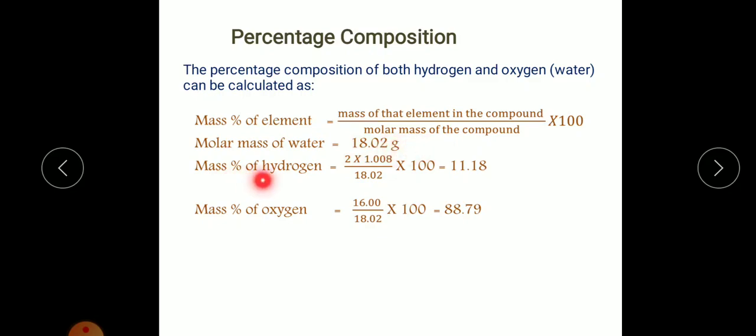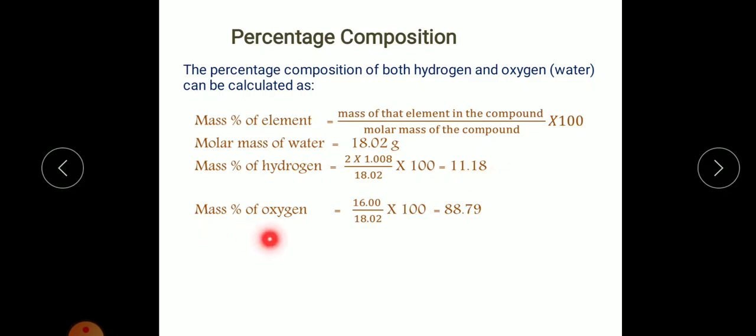For mass of hydrogen in water, we have got 2 hydrogens, so 2 into 1, the atomic mass of that element, 1.008, divided by 18, or 18.02. When you multiply it by 100, it will come as 11.18%. So mass percentage of hydrogen in water molecule is 11.18%.